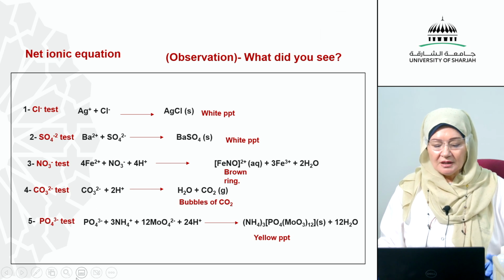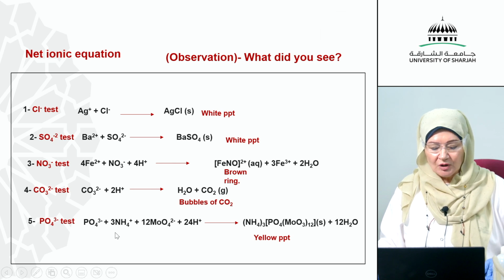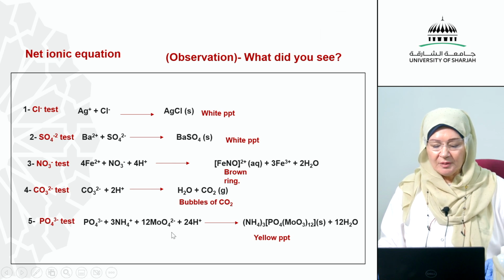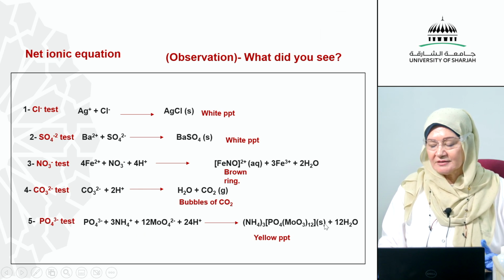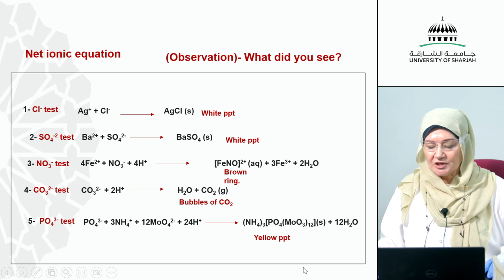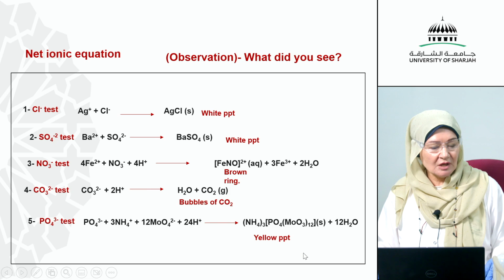What about the fifth test? For example, if I have the reactants as phosphate with ammonium, with the molybdate, in the form of an acidic media, HNO3 here, I will get a big precipitate, a yellow precipitate, ammonium phosphate molybdate solid.